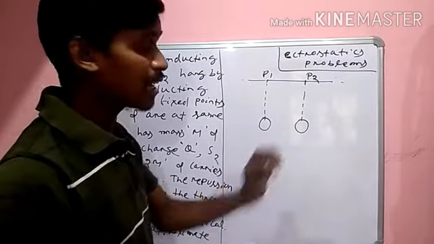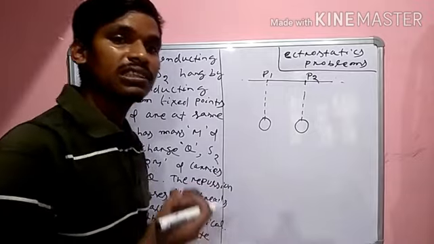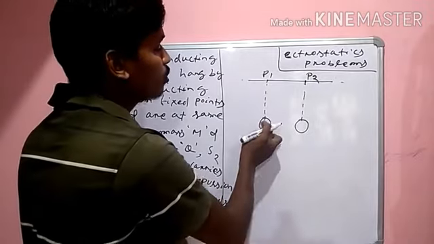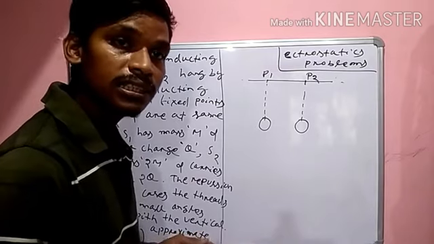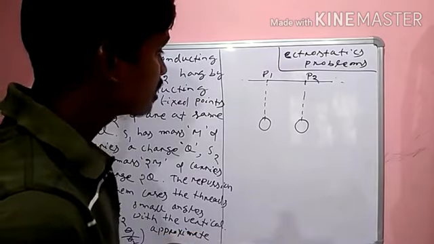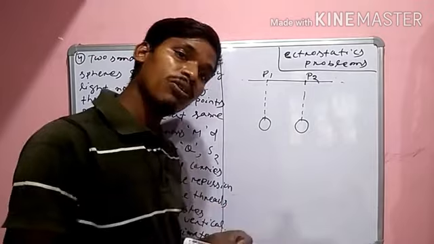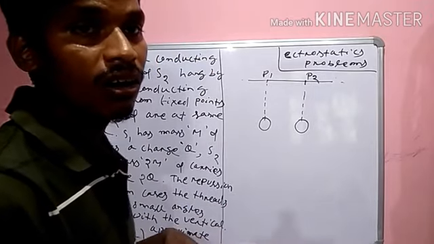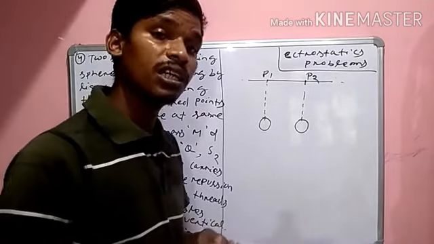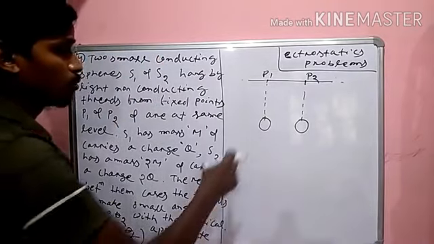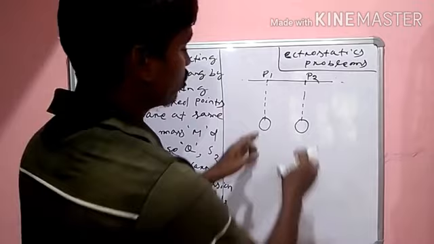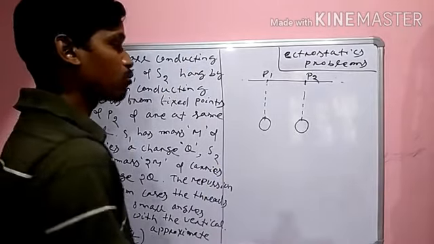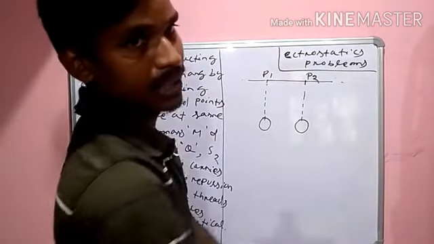the figure just looks like this. Whenever the two spheres are non-charged, that means the force between the two spheres is what? It is not an attractive force, and also not a repulsive force. That means whenever two bodies are non-charged, there is no force acting between them. So that's why the figure is like that.